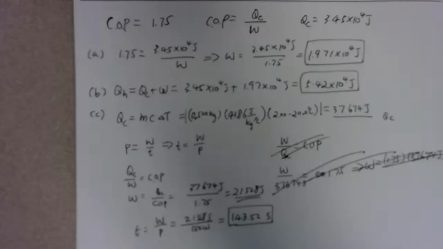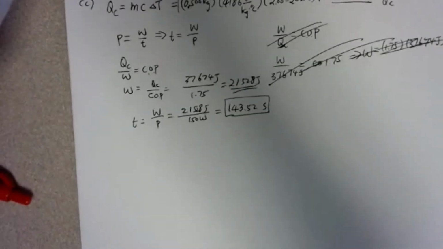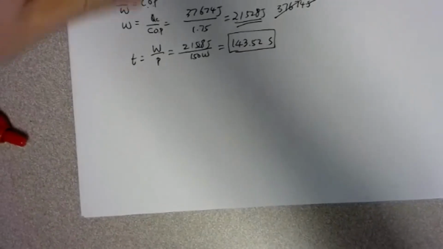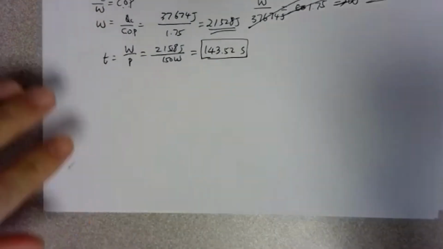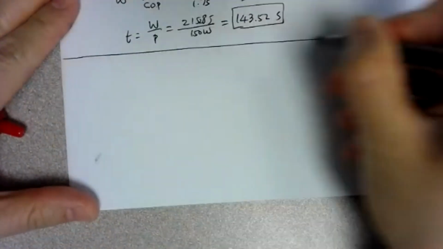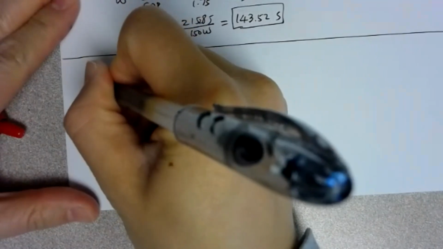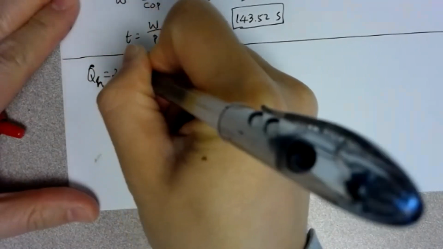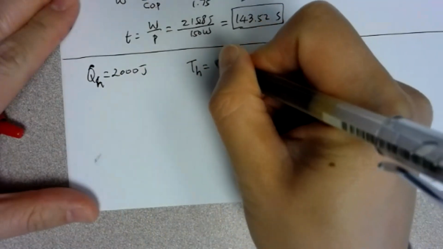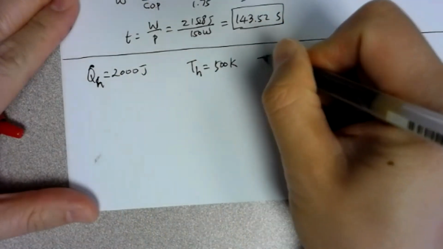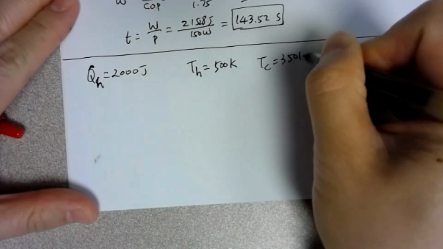The knowns we are given: it takes in heat, so that means the heat taken in would be QH, equal to 2000 joules. It tells you T_H is 500 Kelvin, T_C is 350 Kelvin.